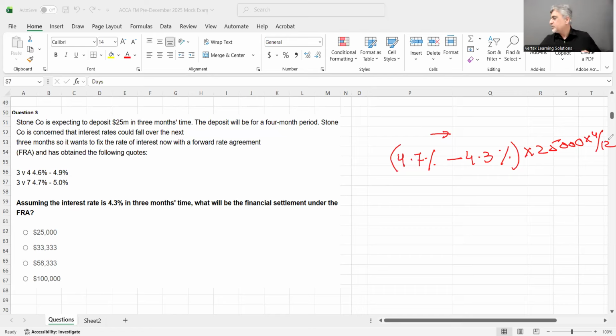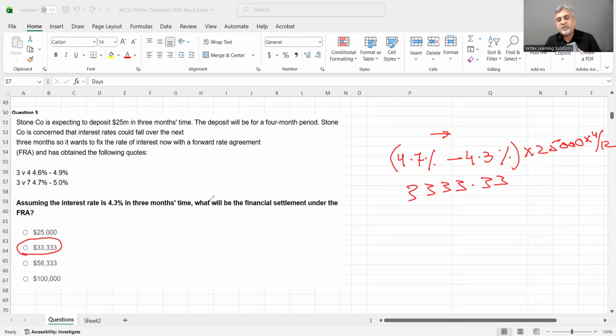If I pick up my calculator: 4.7 minus 4.3, multiplied by 25 million, multiplied by 4, divided by 12. The answer is 33,333.33.